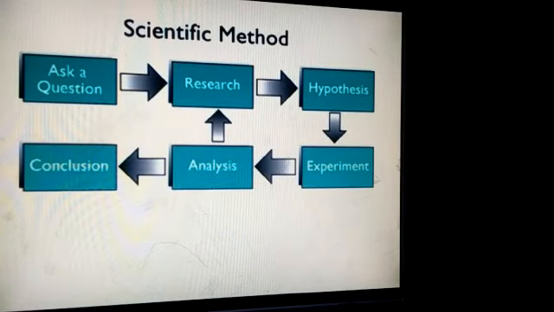Now when we sum up all the processes involved in the scientific inquiry, we can draw the flow diagram out of it. And the very interesting fact about it is that when you start your research, there is a question in your mind. When you start collecting observations, you're doing research on it. And on the basis of your observation, you write a hypothesis.